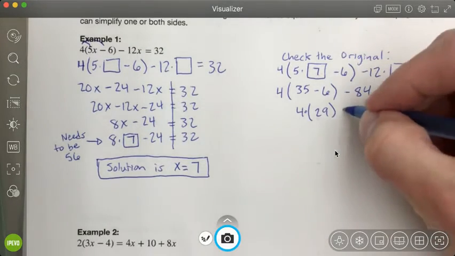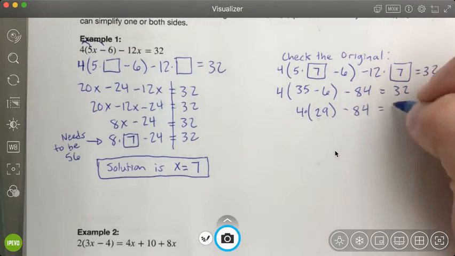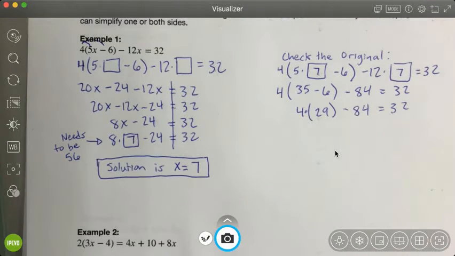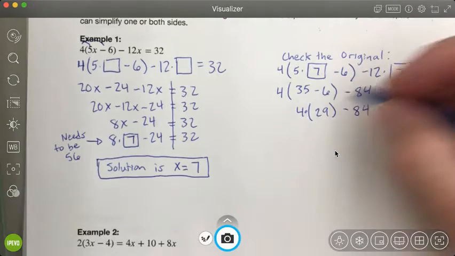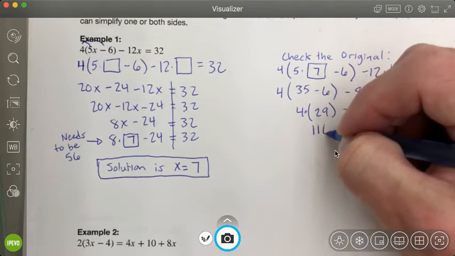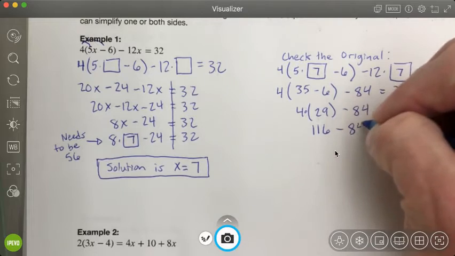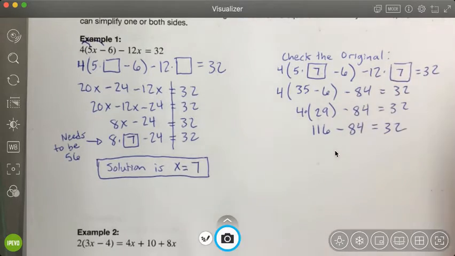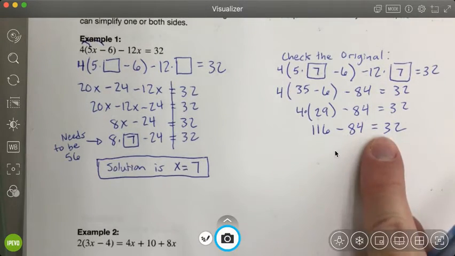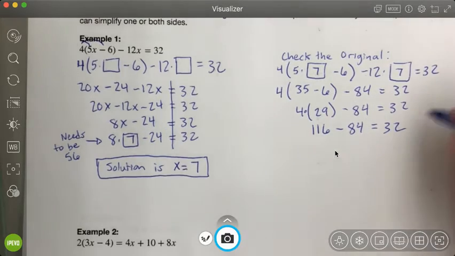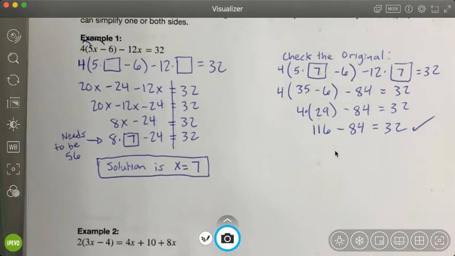Remember, I've got multiplication there happening, in case you've forgotten. All right, 4 times 29. It's going to be 116. And 116 minus 84 does, in fact, equal 32. So I know I'm good.